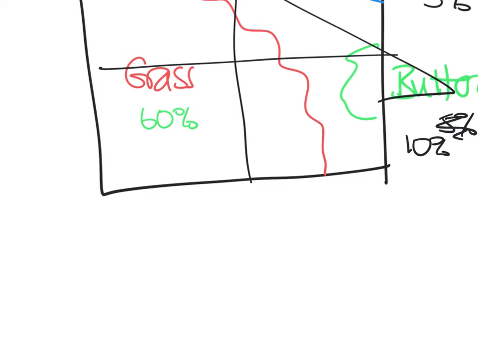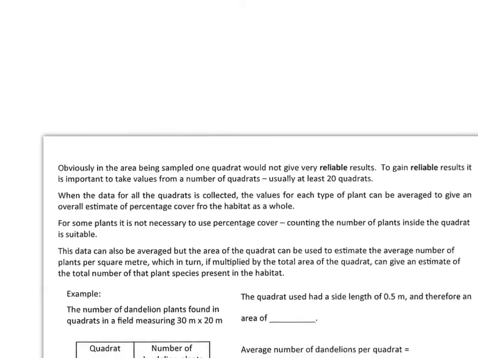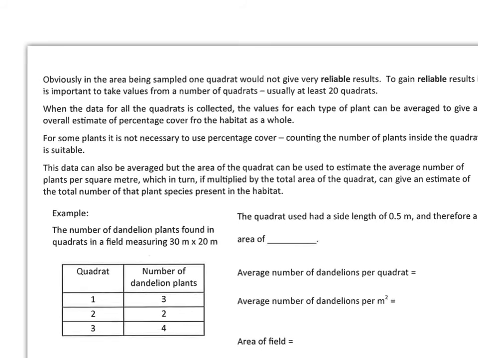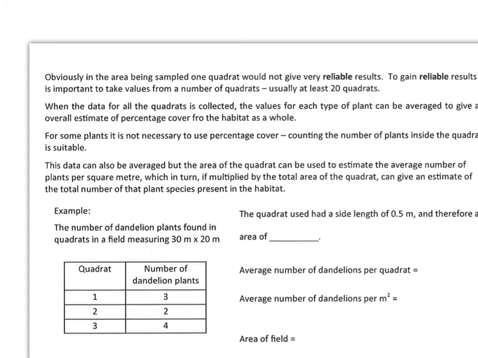So if we look at the next page of notes, it's saying there, 1 quadrat wouldn't give reliable results. And we've just explained that. To gain reliable results, it's important to take values from a number of quadrats, usually at least 20.